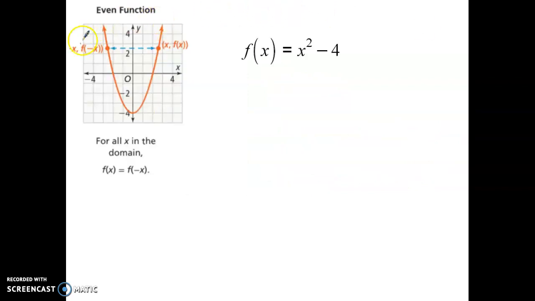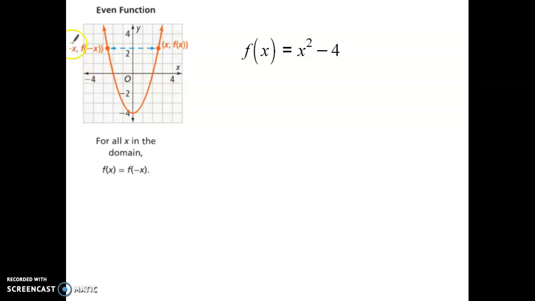All right, so here's an example that they have, and you can see that this point and this point are mirror images of one another. Now, if the x value over here is x, any x will work, it doesn't matter, the y value will be f of x. Now look what happens when we mirror it across the y-axis. The sign on x changes because we have positive values on this side and negative values on this side.